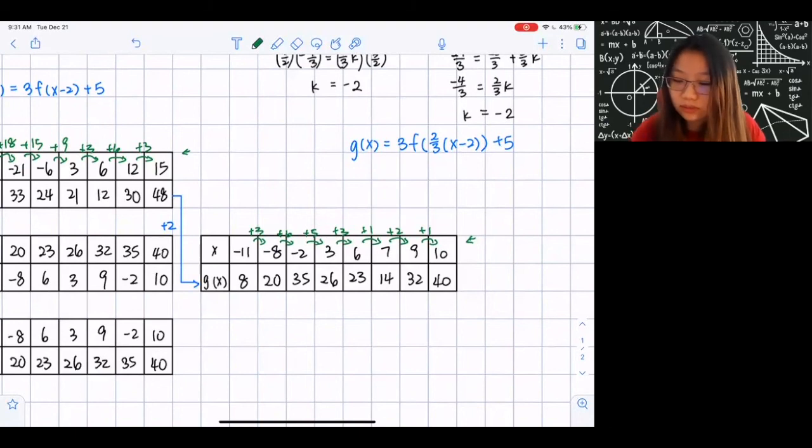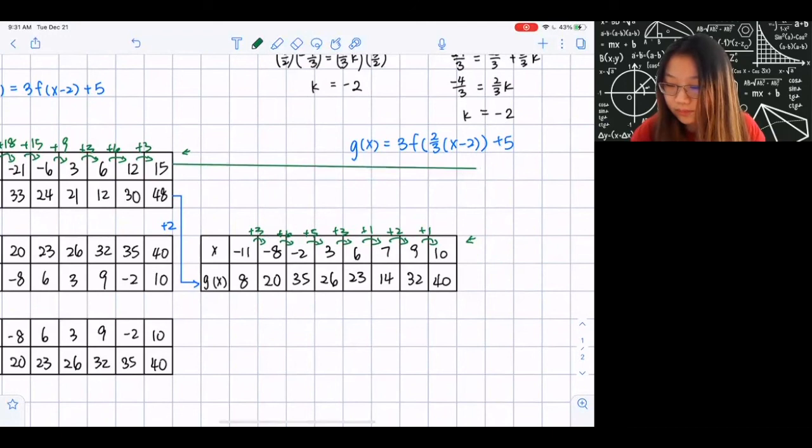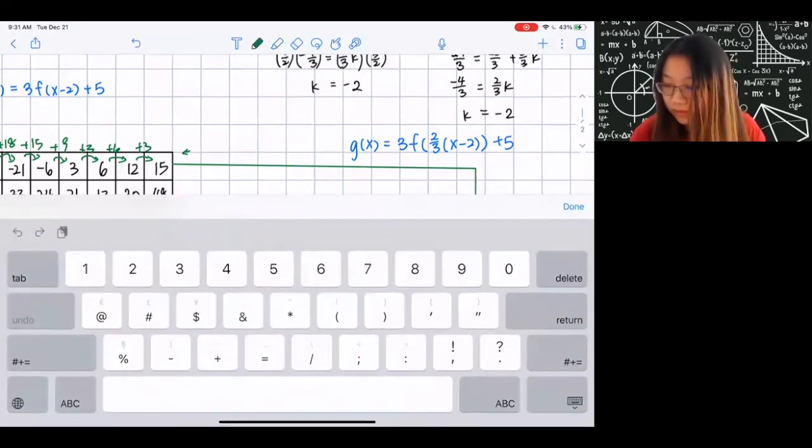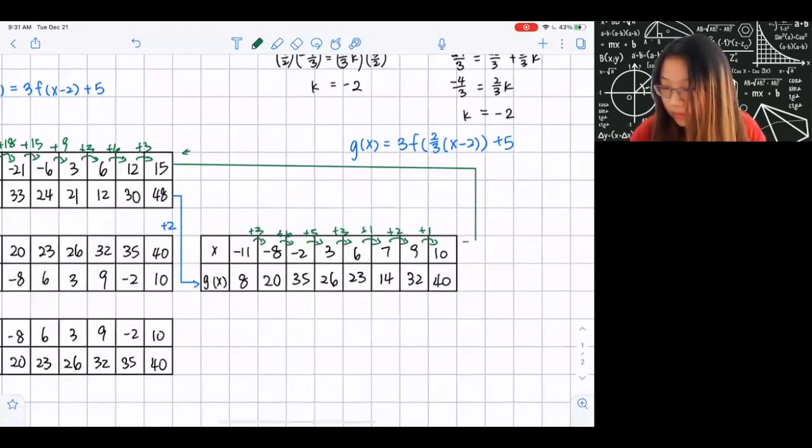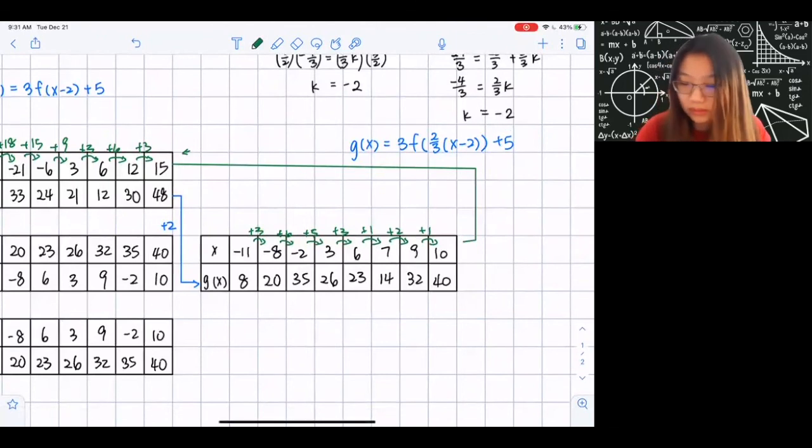So I'm going to draw a line over here, and the arrow doesn't go this way, it goes the other way. Sorry. So from my g of x to f of x, I multiply the differences by 3.